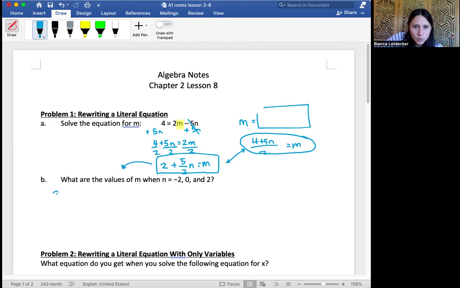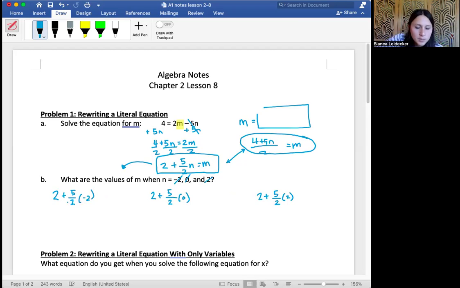So I have option 1 where it's 2 plus 5 over 2 times negative 2 as my first equation. Then I have 2 plus 5 over 2 times 0, using this 0 here, as my second equation. And then 2 plus 5 over 2 times positive 2 as my third equation.